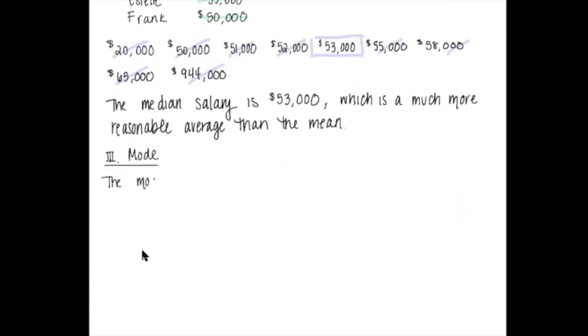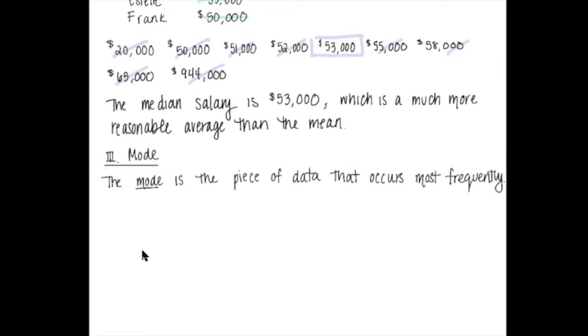So the mode is the piece of data that occurs most frequently. Okay. So if it happens to be that two pieces fall the same number of times, you can absolutely have two modes.